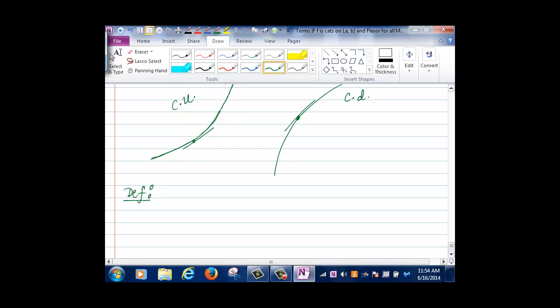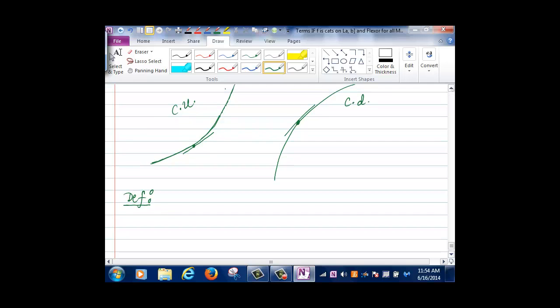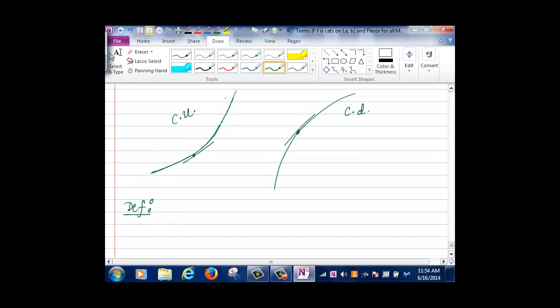By the way, if I give you another point here, okay, and if I look at the tangent line at this point, which tangent line has bigger slope? The green one or the red one? The red one has bigger slope. So when you have a function which is concave up somewhere, then the slopes are increasing there.